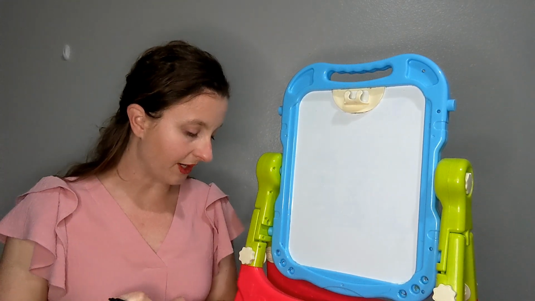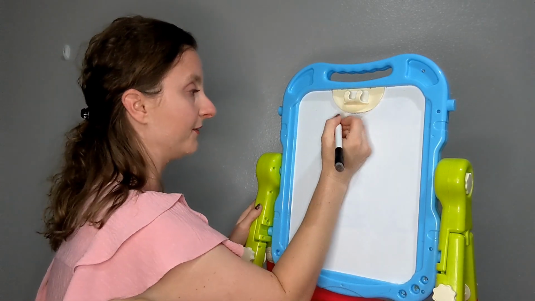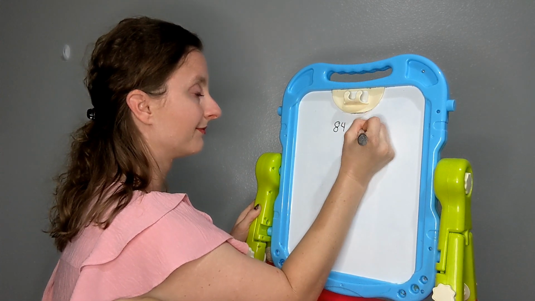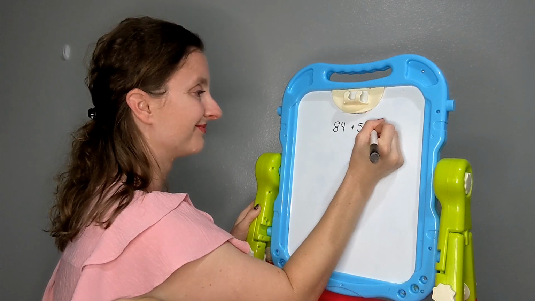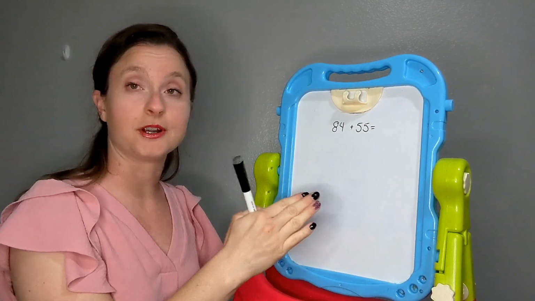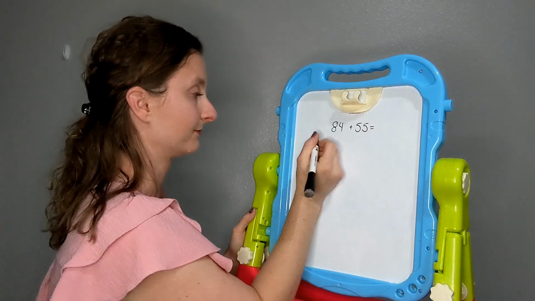So let's take an equation like 84 plus 55. The first thing we need to do is write each number in expanded form.